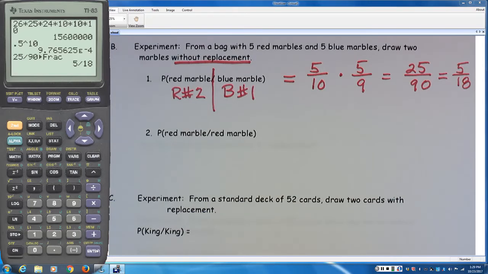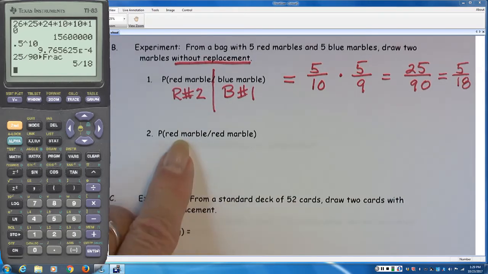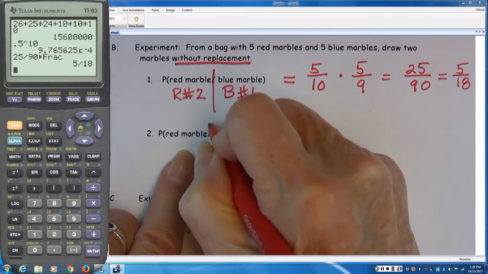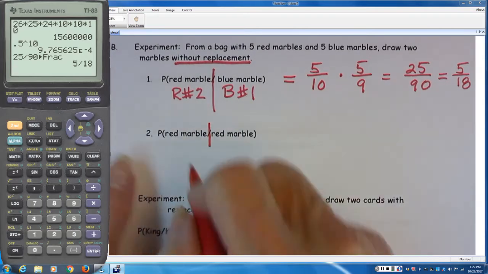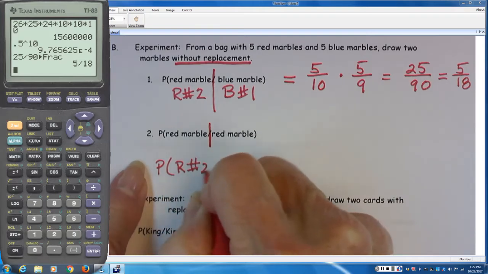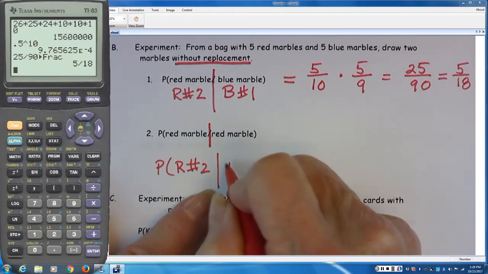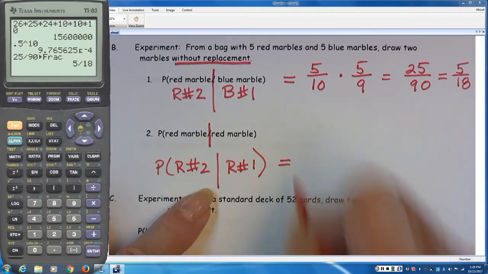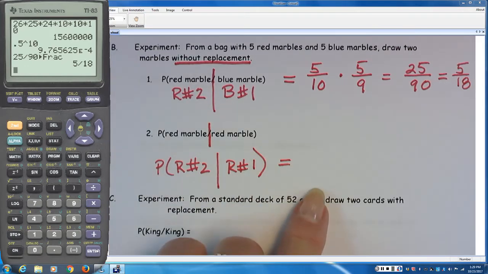Okay? This is the same question as before, but again, this is without replacement. So this is the probability of getting the red one on the second draw, given that you got a red one on the first draw. So what's the probability you got the red to begin with? 5 out of 10.